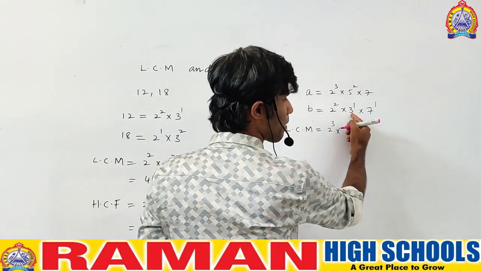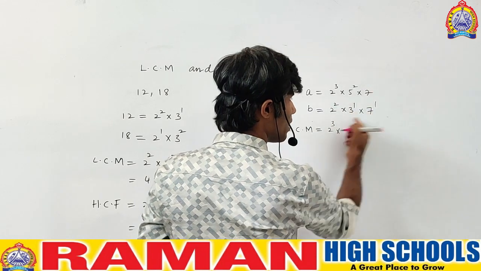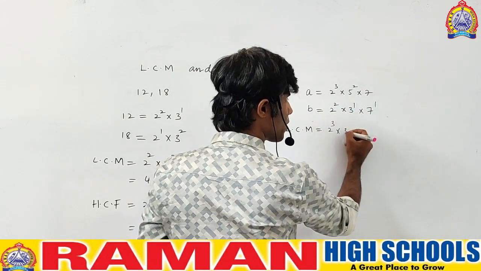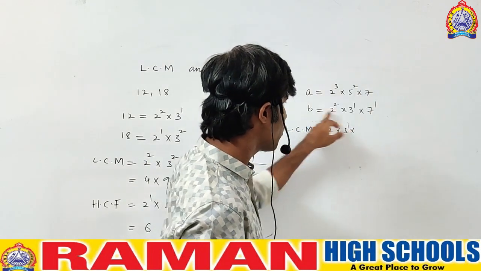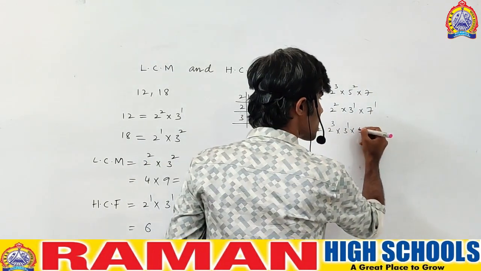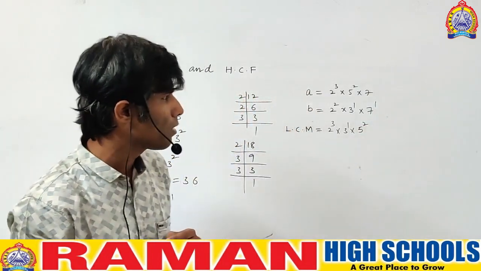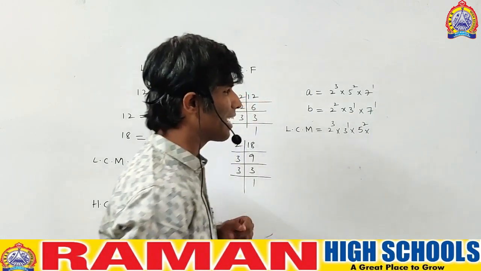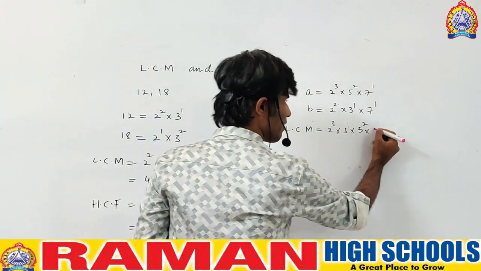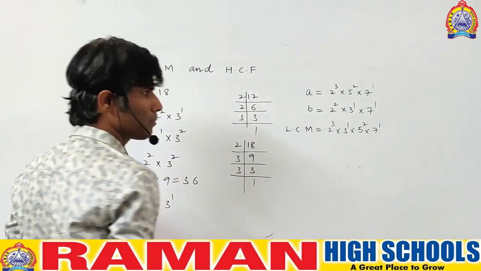And here 3 is a prime factor. In this only one time we have 3 power. Therefore 3 power 1. Here 5 power 2. Here we don't have 5 power something. Therefore the greatest power of 5 is 5 power 2 itself. And here 7 power 1 and 7 power 1, greatest power we have to take for 7 also, therefore 7 power 1. That is the LCM.